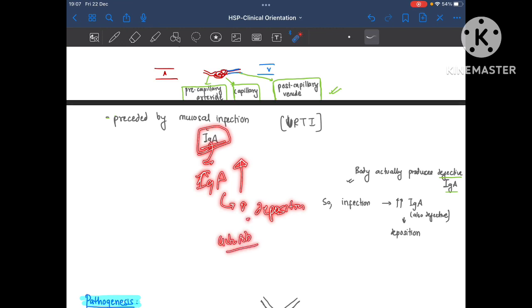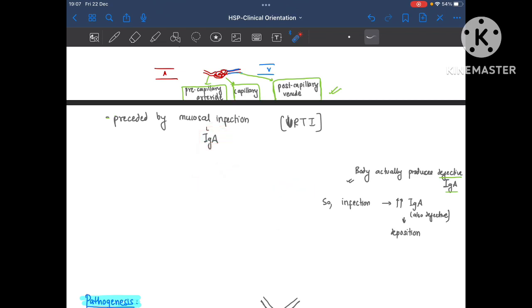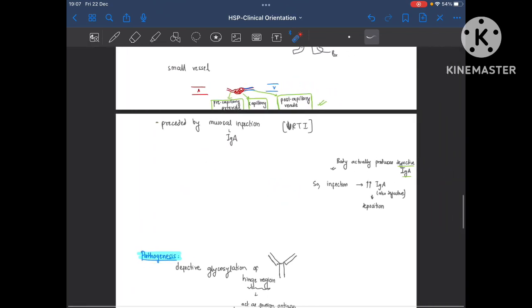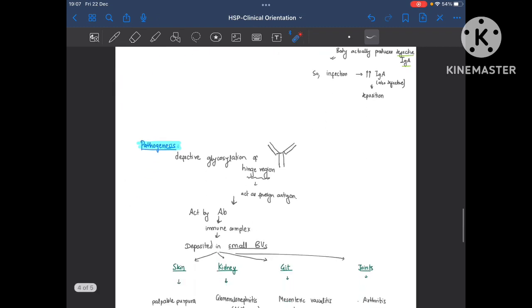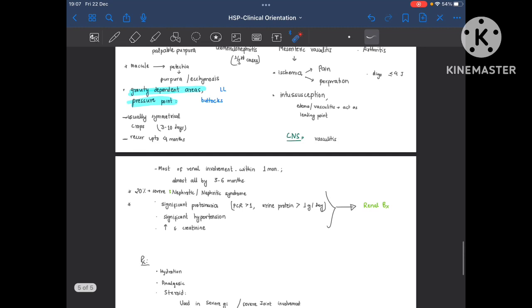So when there is increased deposition, there will be vasculitis presentation, right? This is why in a predisposed person, we can ask in the history whether there is any preceding mucosal infection like upper respiratory tract infection, urinary tract infection, and GI infections. So pathogenesis we have talked about.